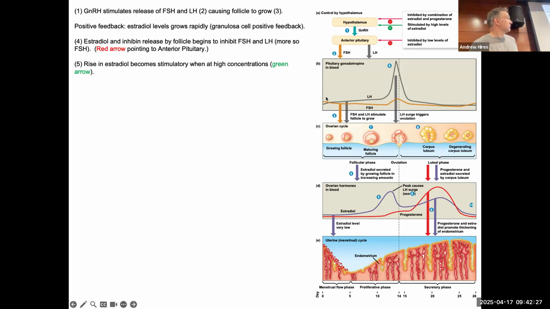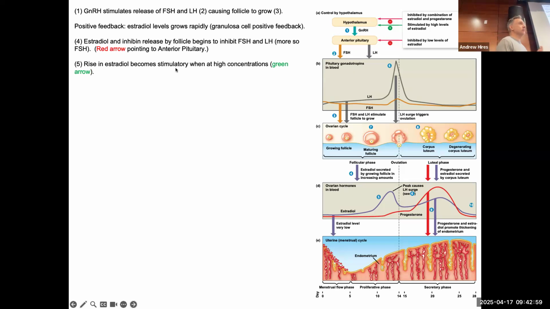Now there's a certain level of estradiol concentration where, instead of inhibiting release of GnRH, it crosses a threshold and starts to have a positive feedback on the release of GnRH, which will spike the activity of the gonadotropes in the anterior pituitary and cause a surge in the release of luteinizing hormone.